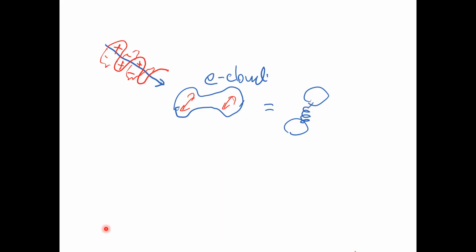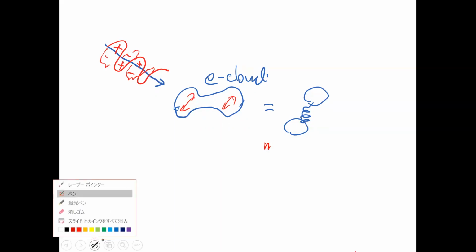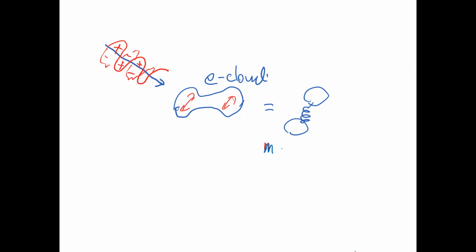So in this case, you know that the equation of motion can be described like m times a equals minus k x, if the spring constant is k, and this distance is x, right?